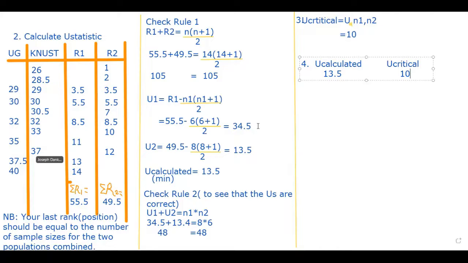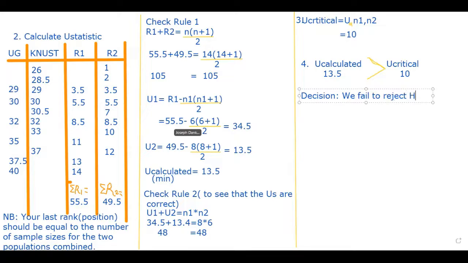So we always take it from the perspective of U calculated. So here U calculated is what? Greater than critical. So what will be your decision? So you fail to reject H0. Decision: we fail to reject H0.